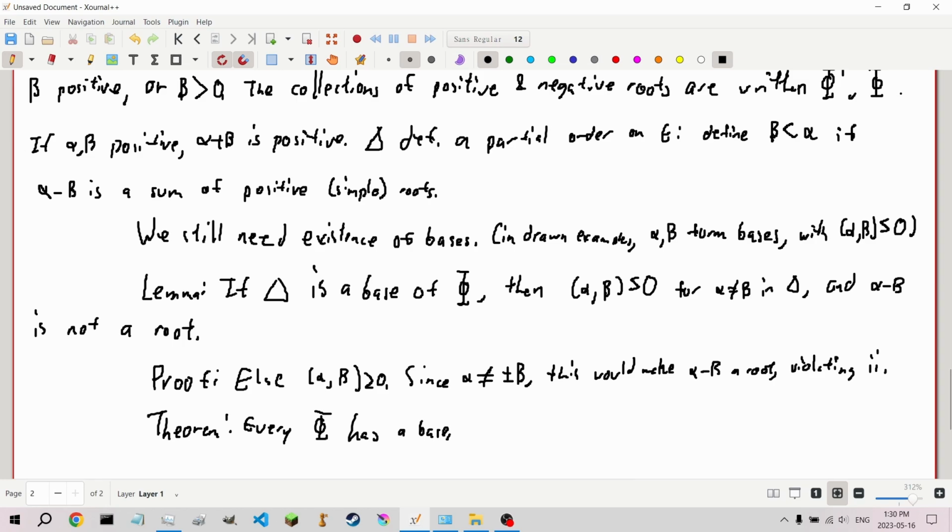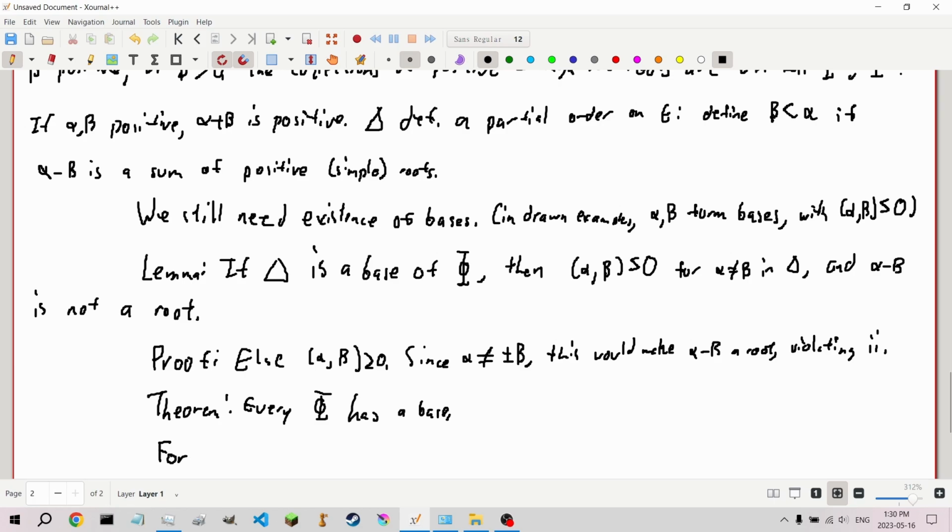We will see that for each vector gamma in our Euclidean space, we define the positive root function of gamma to be the set of alpha in phi whose form with gamma is positive.